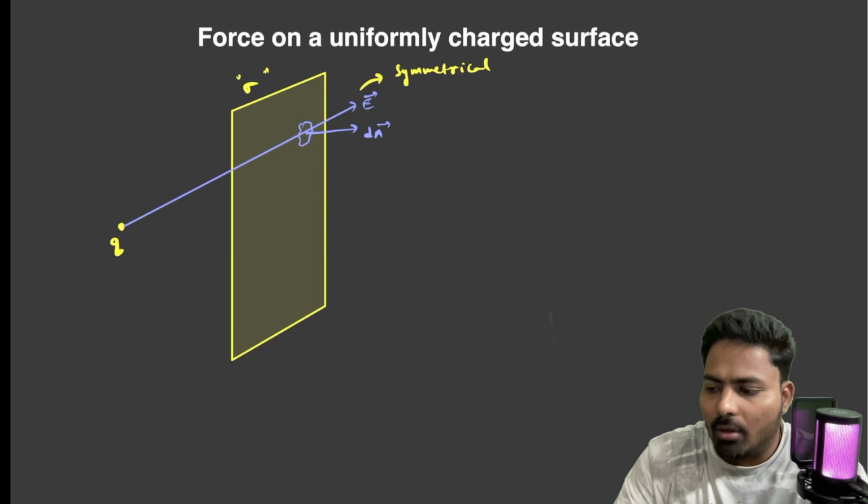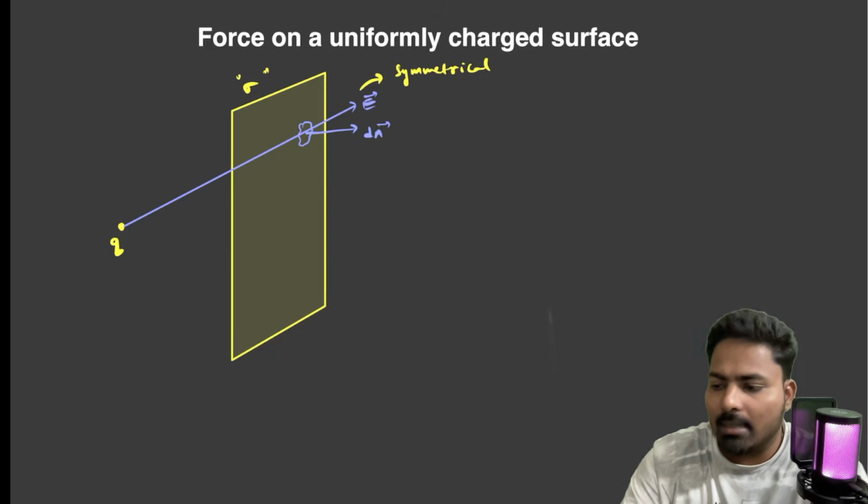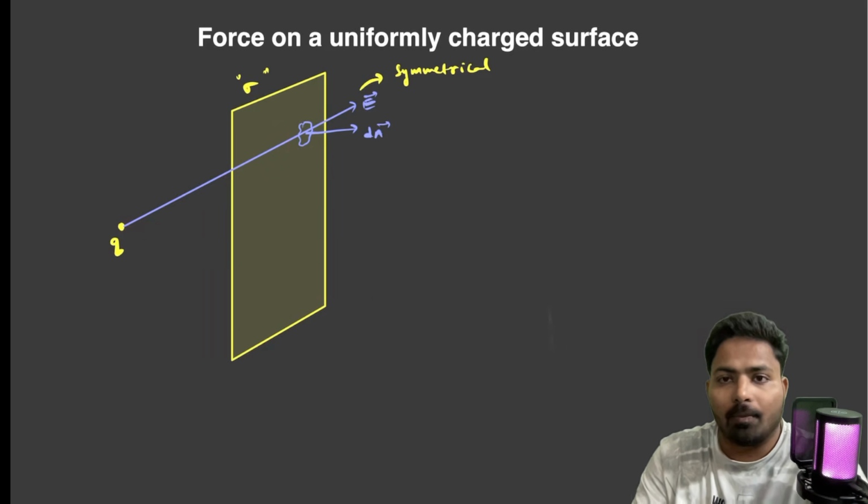Now you guys need to understand, as I said, this is a symmetrical shape. So there will be a counterpart over here, for which there will be electric field over here also, right? So due to symmetry, you can understand the force on this part.